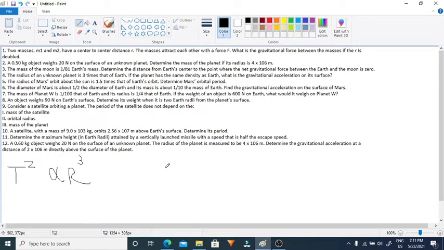So using that, we can immediately solve for Mars' orbital period, because we know that the radius of its orbit is 1.5 times that of Earth's orbit.